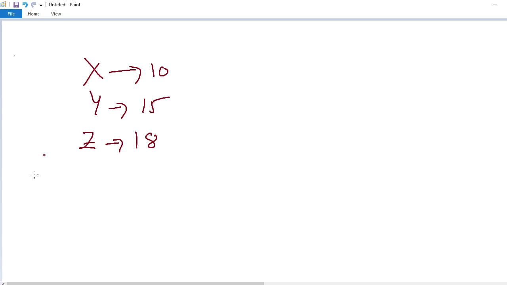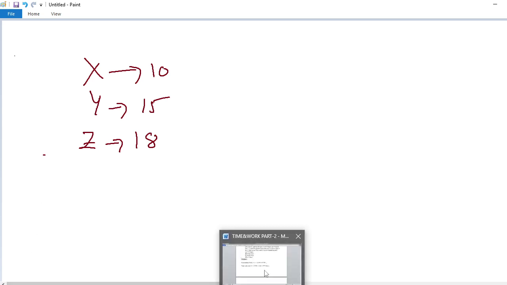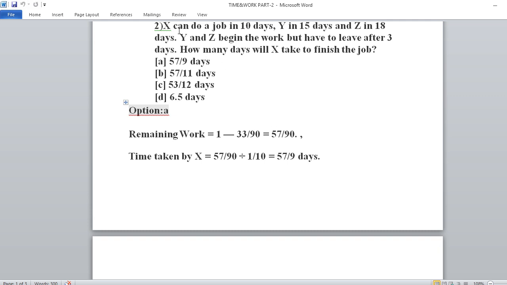X completes the job in 10 days, Y takes 15 days, Z takes 18 days. Just observe the question.